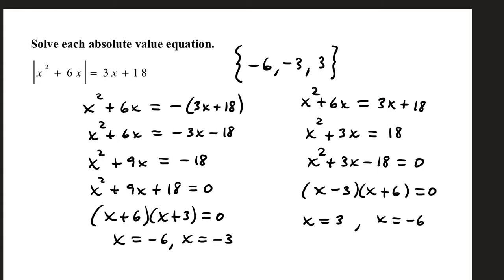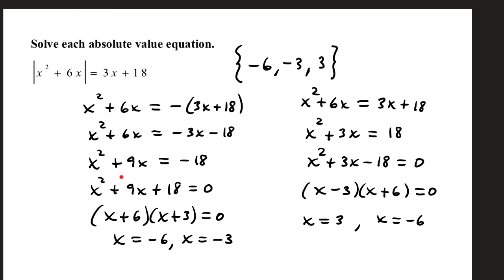On the left equation, let's distribute the negative, -3x minus 18. Because we have a quadratic term, I'm going to add 3 x's to both sides. I want to get everything on one side. So the process of zeroing out the right side, I'm going to add 3 x's. That'll make a 9x. And then I'm going to add 18.